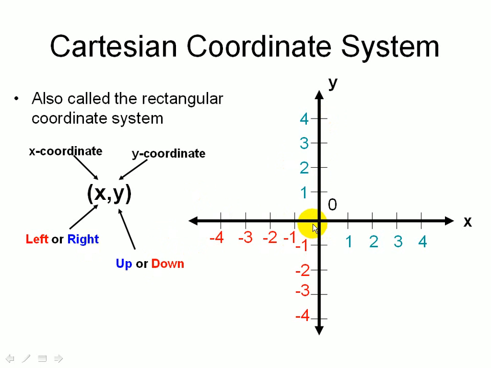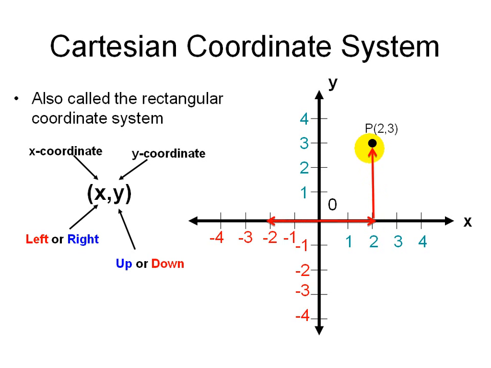So let's look at an example to see how this works. Here we went 2 steps in the positive x direction, or 2 steps to the right, and 3 steps up. To locate this point on this xy coordinate system, or this rectangular coordinate system, we call this point P (2, 3).